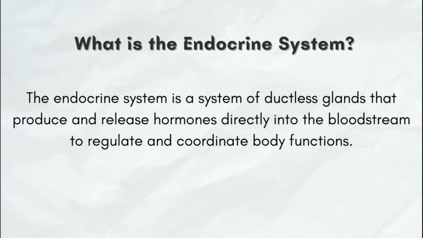The endocrine system uses hormones, which are chemical messengers used to transport different messages around the body. So the endocrine system produces hormones, and those hormones travel directly into the bloodstream.